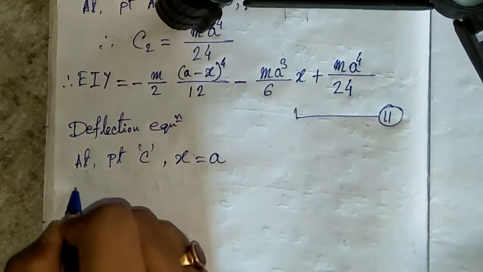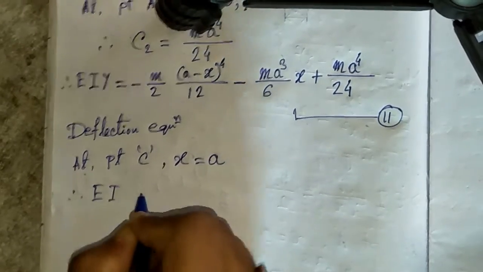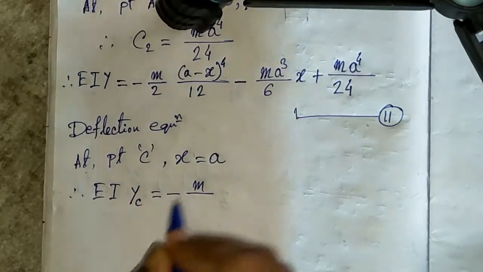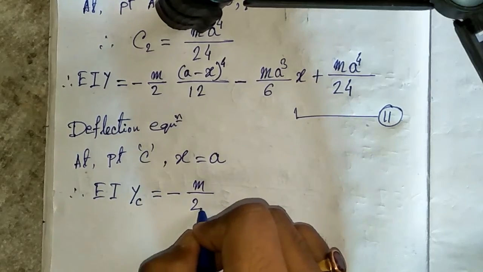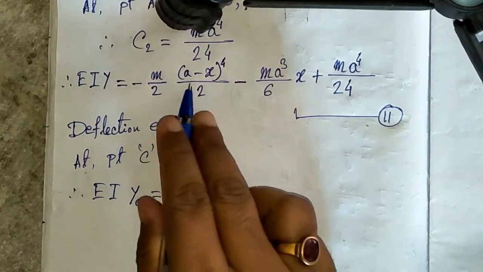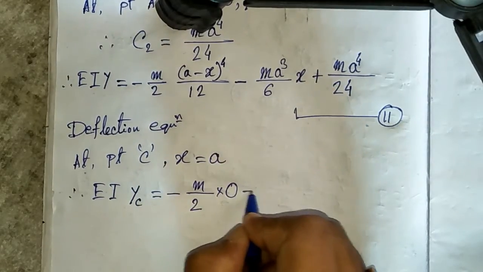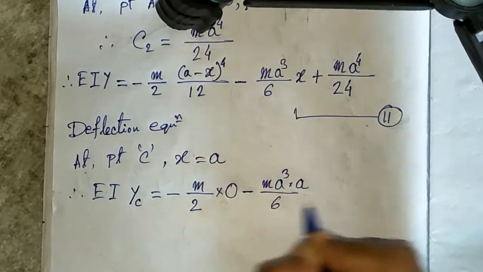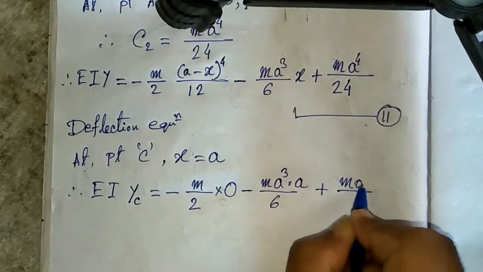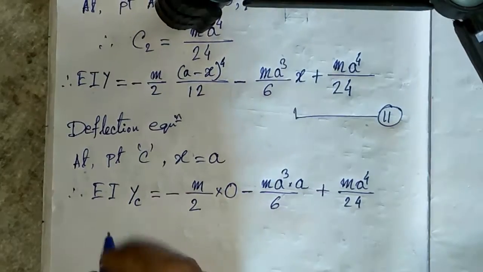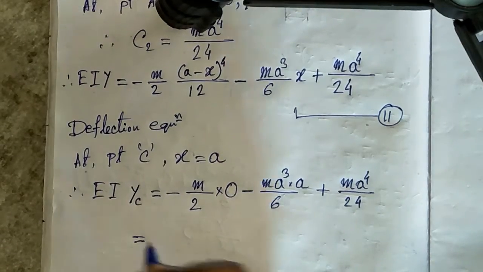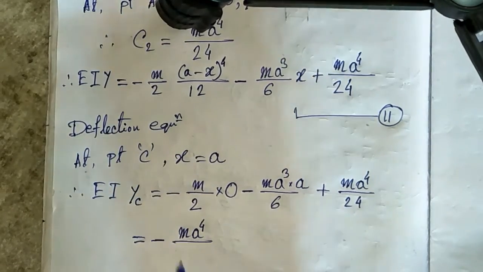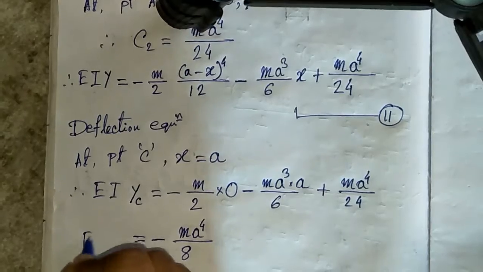So we can write EI into Yc, where Yc is the deflection at point C, is (a minus x) by 12, that is 0, so that becomes w a to the power 4 by 8.